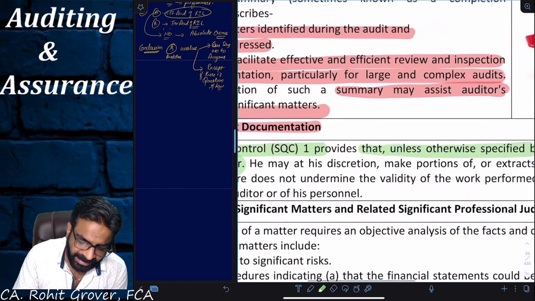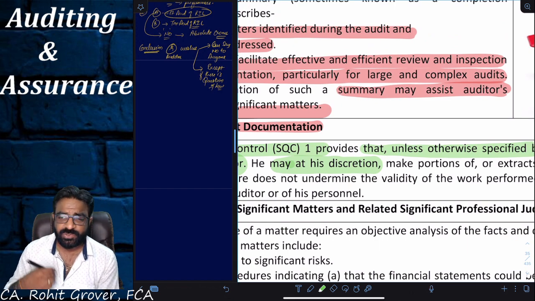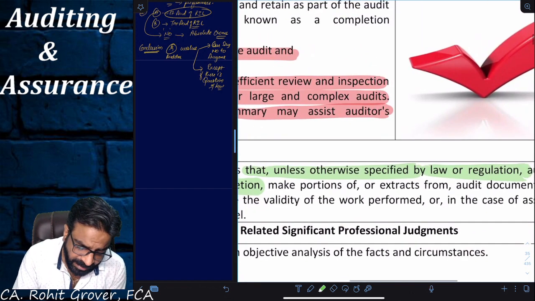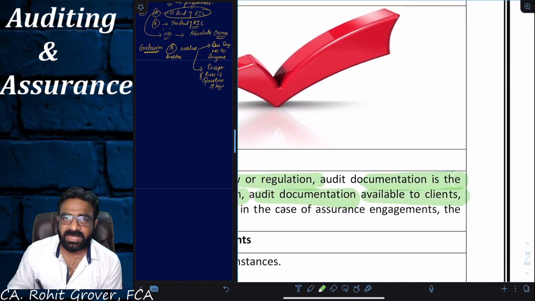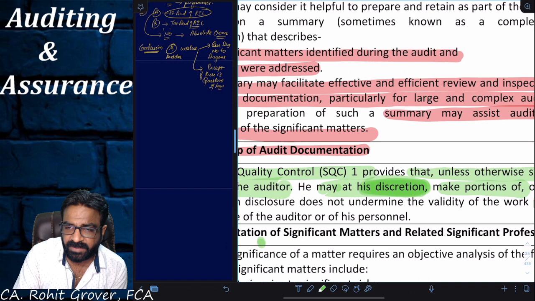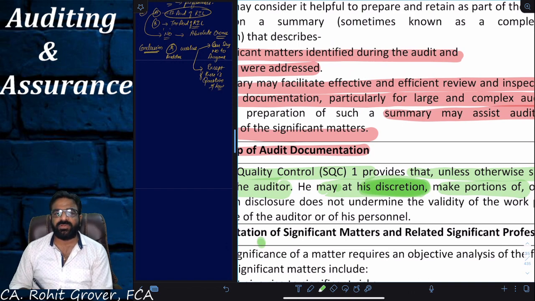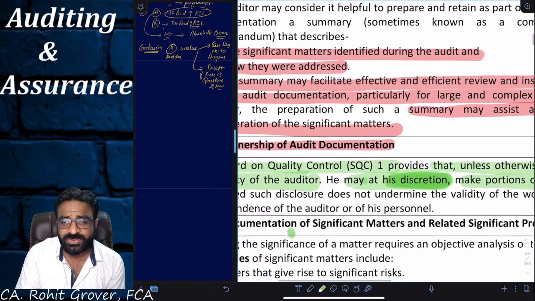He may at his discretion, if he wishes to choose, make portions of or extracts from audit documentation available to the clients. But tell me one thing, what is the word used, everyone? Discretion. I'm underlining this word in a darker way so that you can understand. And discretion means what? Can he choose to say no?